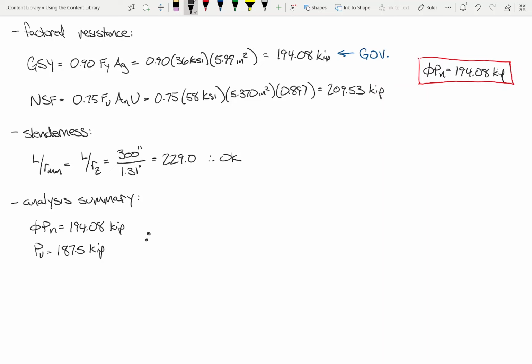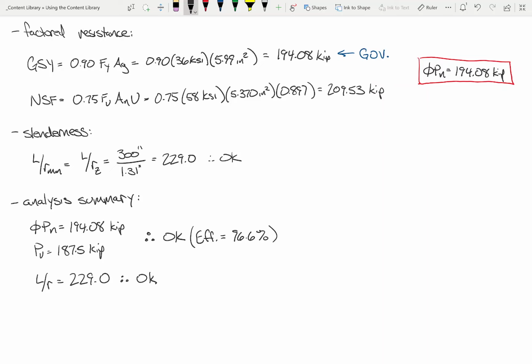And that means the member is okay. What is the efficiency or the performance ratio for this member, by the way? 96.6%. That's pretty good. And L over r is 229.0.